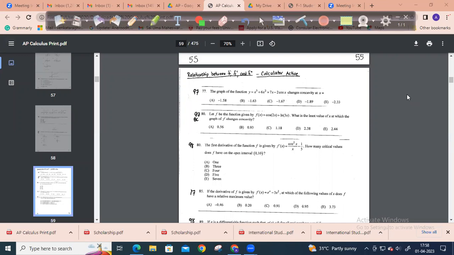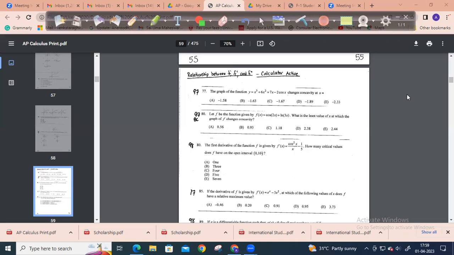So to solve this, they're asking where it changes concavity.